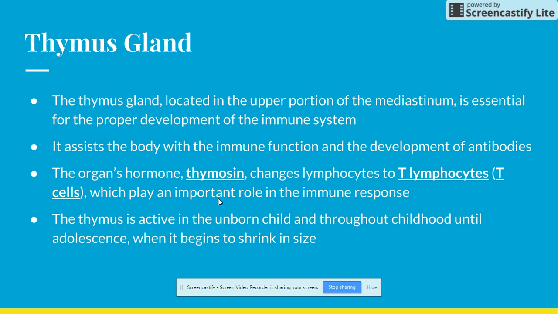So the gland is working even before you're born, and it's going to be working up a storm throughout childhood until you get to about the age of adolescence, so 15, 16, somewhere around in there, and your thymus gland actually begins to shrink.